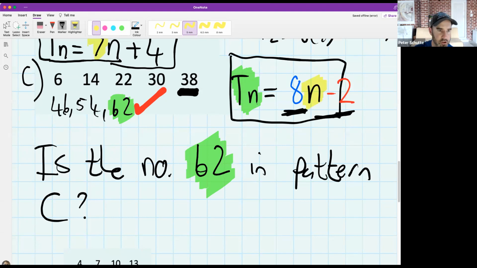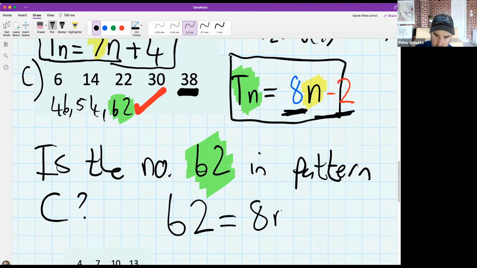So what I'm going to do is take 62 and sub it into my formula. Now watch this. 62 has been subbed into the formula where there used to be a Tn.